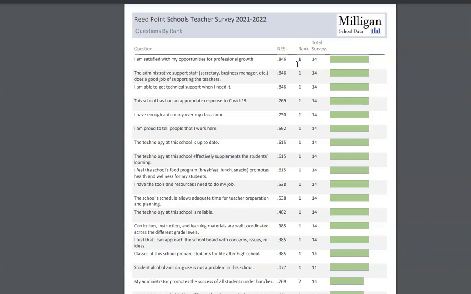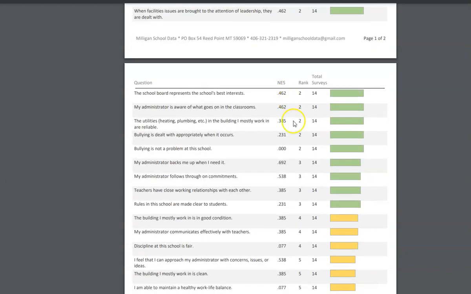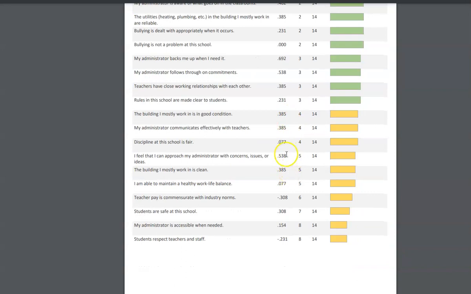And you're able to see your rank. Down here, you can go here and see that, for example, this question here had a net engagement score of 0.538, and so that was 5th out of 14, which means there were 9 surveys that were lower than this score. There were 4 surveys that were higher than this score.